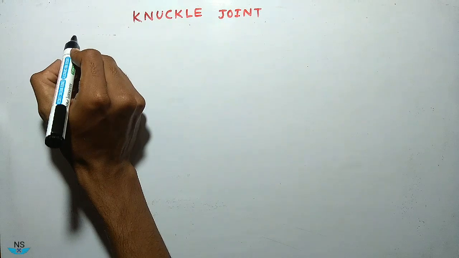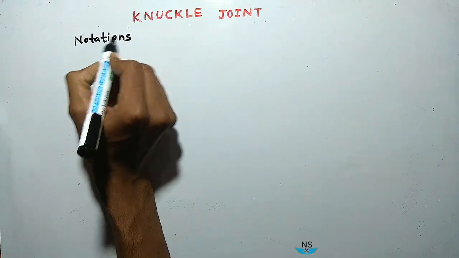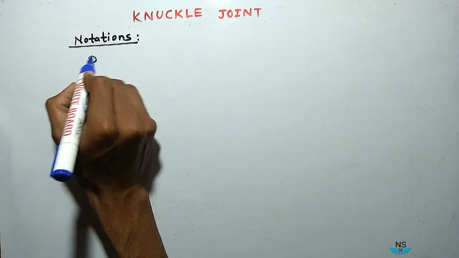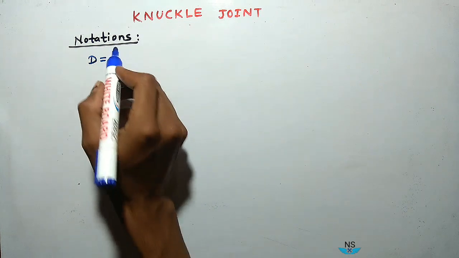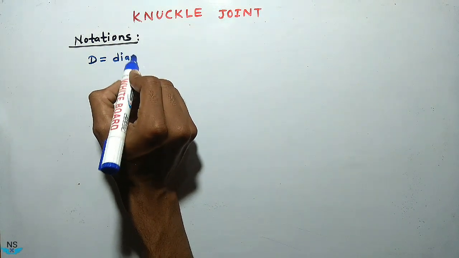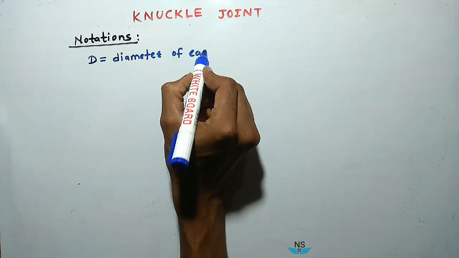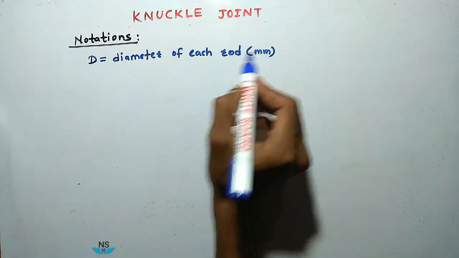Now see the notations used in the knuckle joint. So we have seen in the diagram that various dimensions are there. Capital D we assigned for the diameter of each rod in mm.